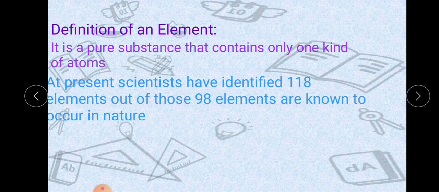So we need to study the elements. What is an element? It is a pure substance that contains only one kind of atoms, or the same kind of atoms. At present scientists have discovered 118 elements.